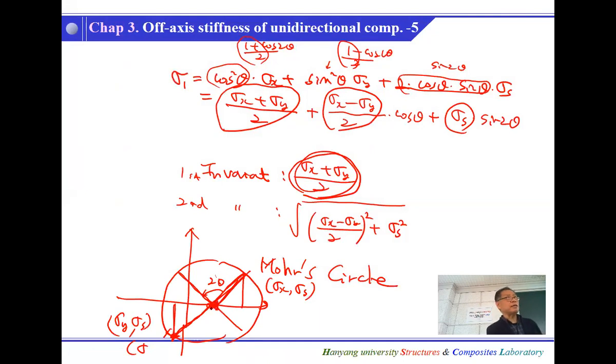So this center is this one, and the radius comes from this difference and sigma s. So this is the radius, and this is the center of the Mohr circle. They remain the same. So physically they are invariant, which do not change along the angle.